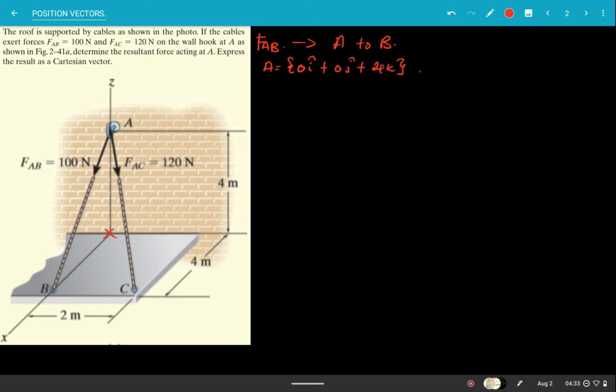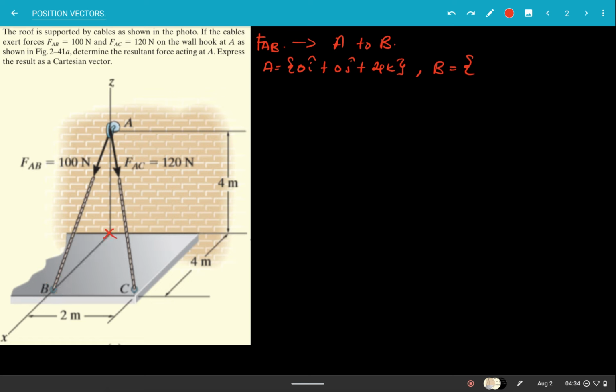Then we can also find the position at B. Now how do we get to point B from the reference, which is the origin? From the origin here, to reach point B, all we're supposed to do is to move along the positive x-axis, like that. That's all. Which means that point B is only acting along the positive x-axis because it sits on the x-axis.